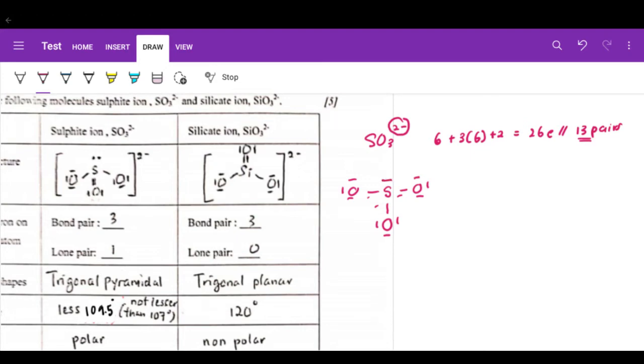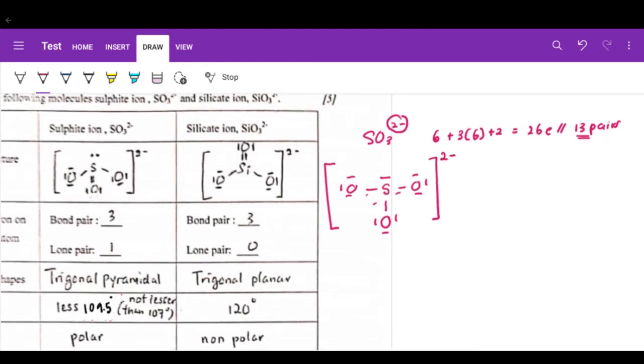Now all the atoms achieve octet. So don't forget to write the bracket and the charge here. But this is not the final Lewis structure.